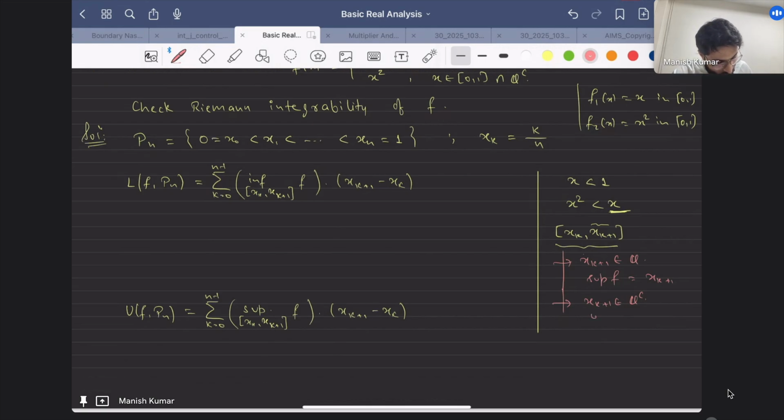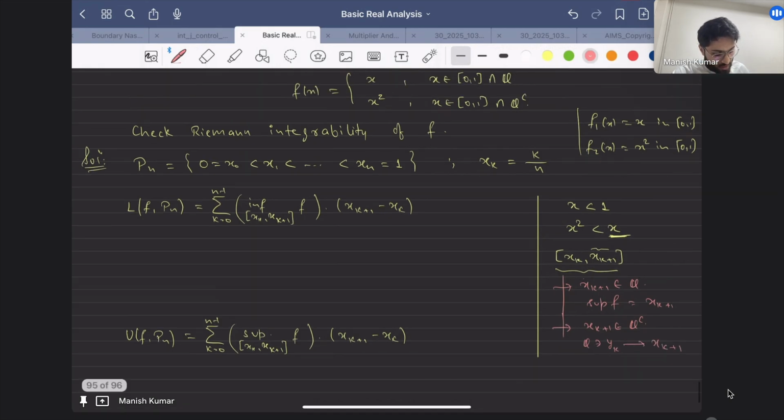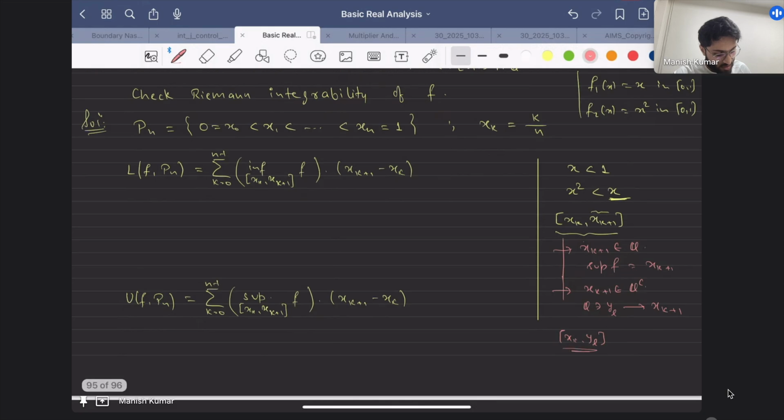So we'll choose a sequence y_l of rationals in Q, and this converges to x_{k+1}. Now if we restrict to the interval [x_k, y_l], then for each l the maximum will be achieved at this y_l by the same logic, because now y_l is rational.